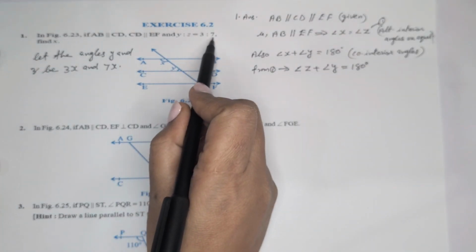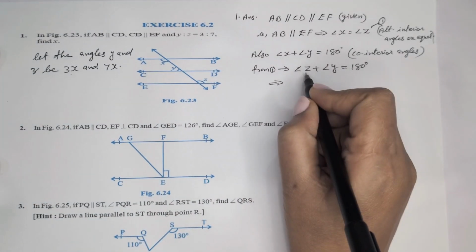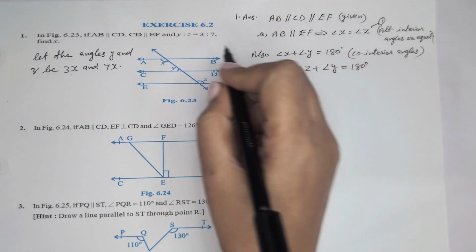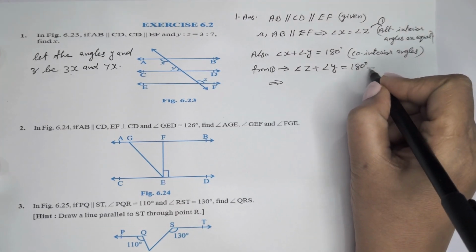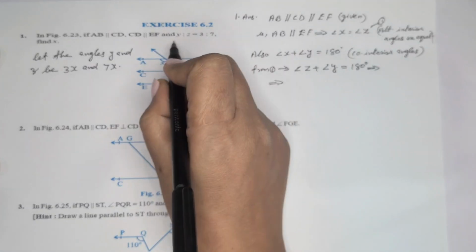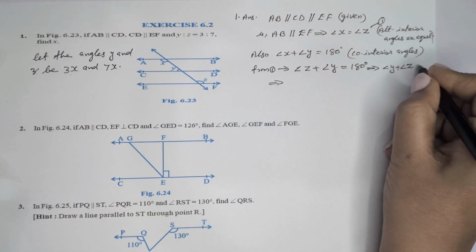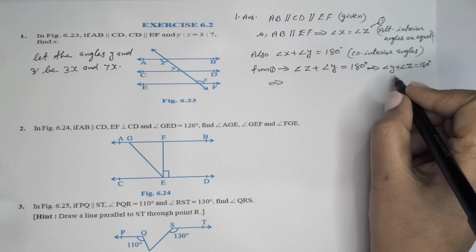This is 3x, this is 7x. So we can write angle y plus angle z is equal to 180 degree, to keep the order.